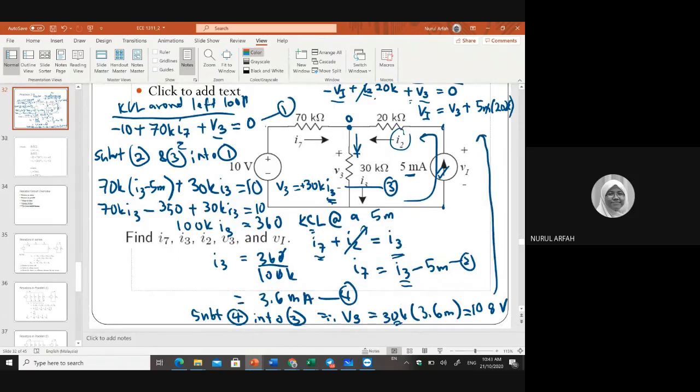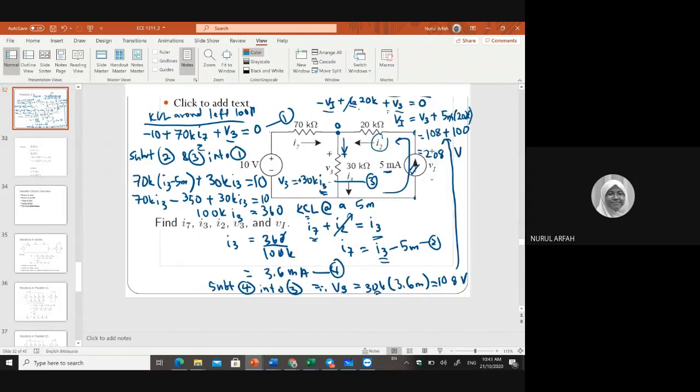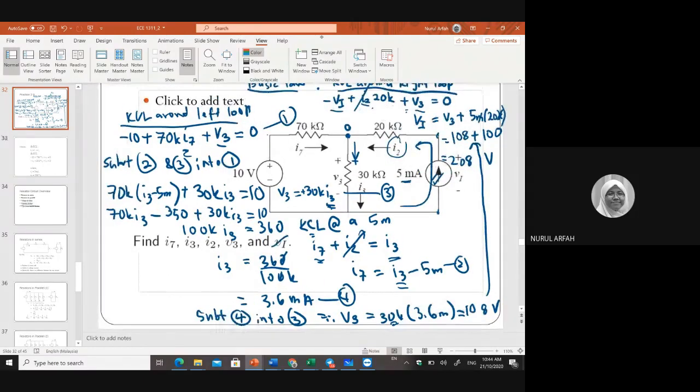And then we can substitute into this equation. So 108 plus 100. So you have 208 mV. Is it correct? So we have VI done, V3 done, I2 yes, I3. Where is I3?